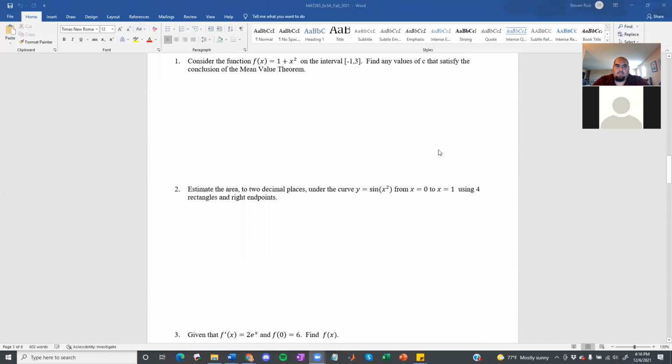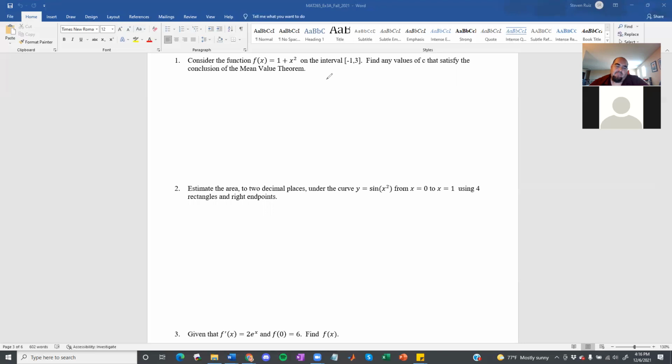On the interval -1 to 3, find the values satisfying the conclusion of the mean value theorem. So this one, we find the antiderivative, right? No. What does the mean value theorem say? It was the rate of change, right?